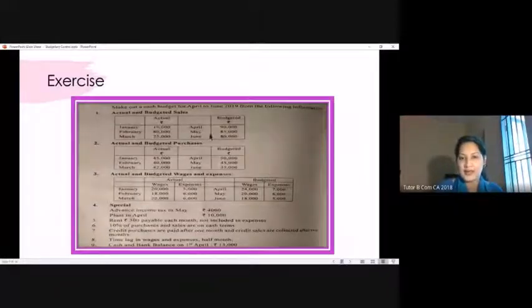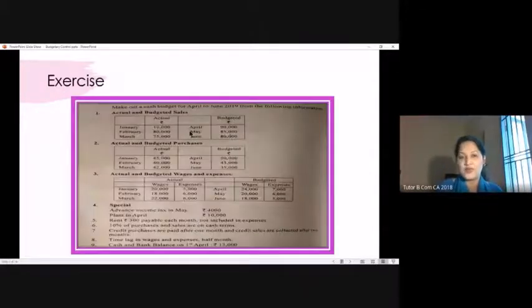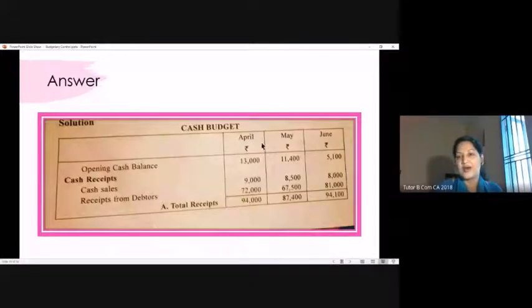And then in May, it is 10% of 85,000, which is 8,500. And in the month of June, it is 10% of 80,000. It will come as 8,000. So that is the amount with respect to our cash sales.